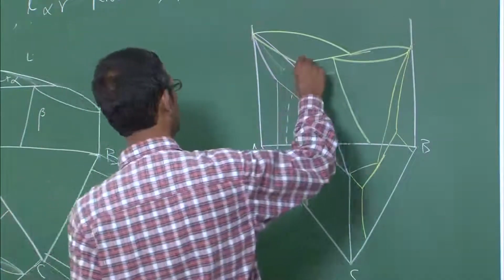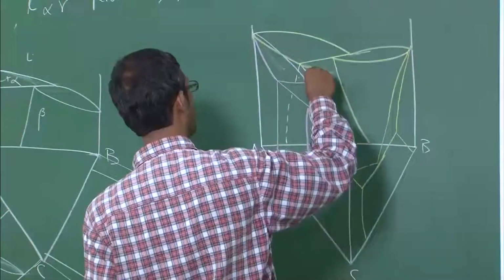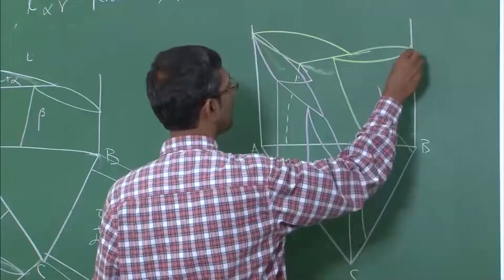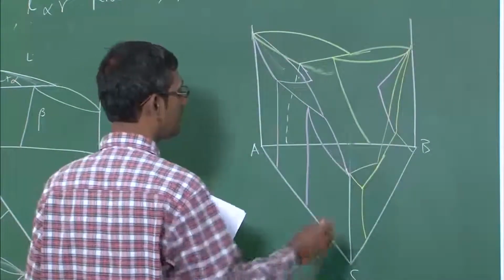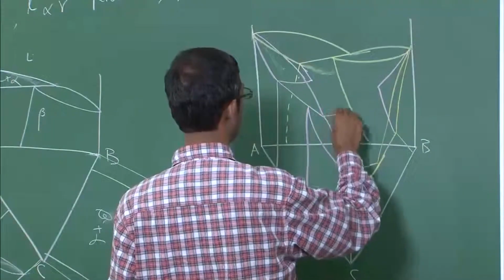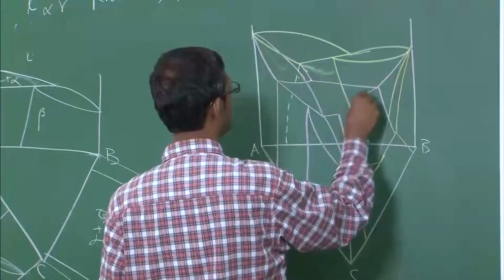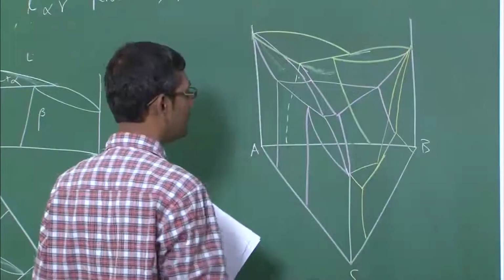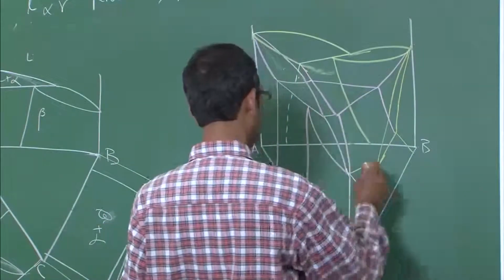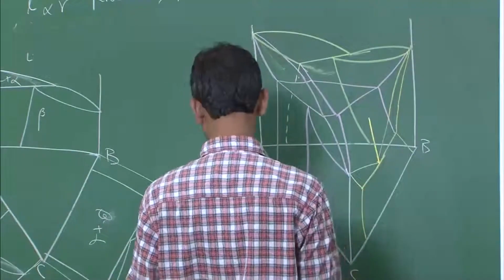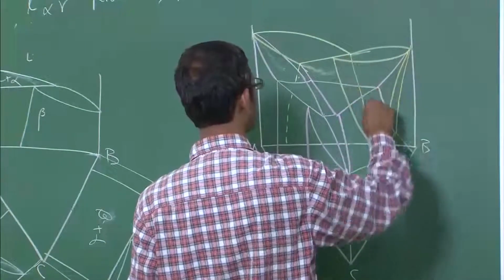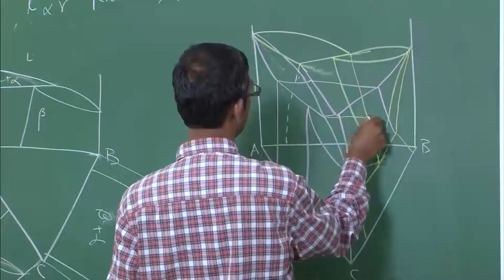So, this is one point, this is another point. So, we get this one point, this and this another point, and this, yeah, another point. So, I connect it, and point P will be the peritectic point inside, like this, which is another peritectic and this is another peritectic.